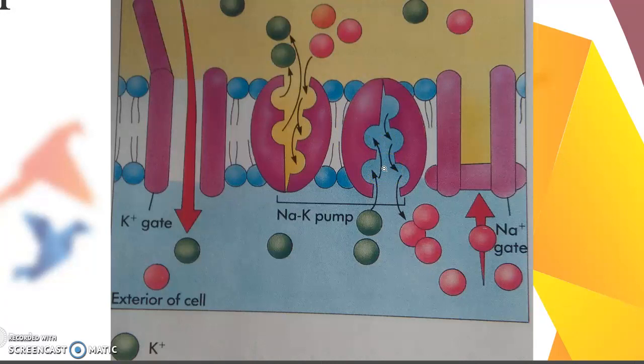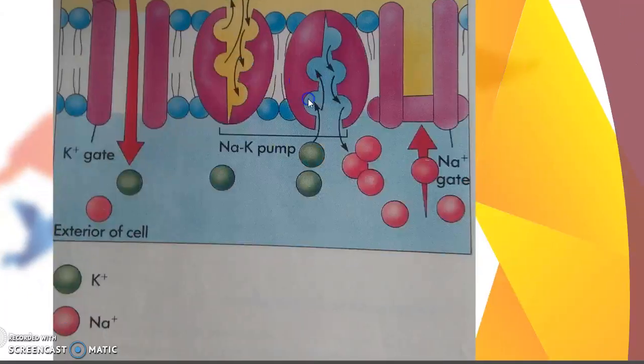This process causes the release of sodium ions from the inside of the cell to the outside, as you see here. And then this part gets a high affinity for the potassium ion, and the potassium ion will attach to it, and ATP will be hydrolyzed, and the sodium potassium pump will change its configuration or open in the other direction, as you see here.